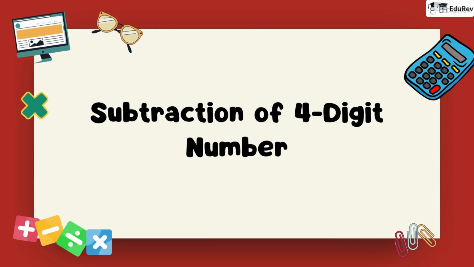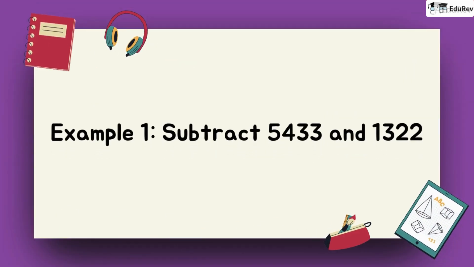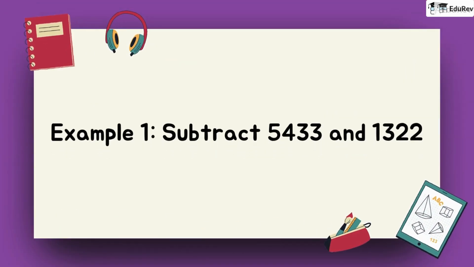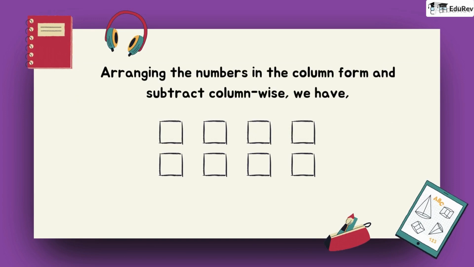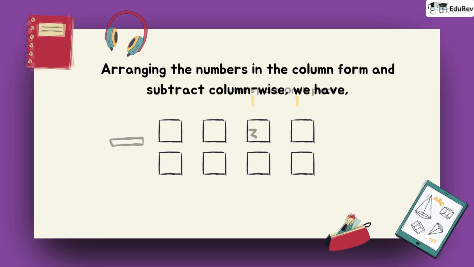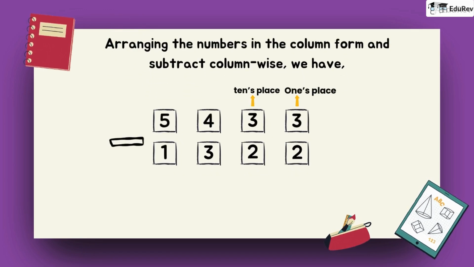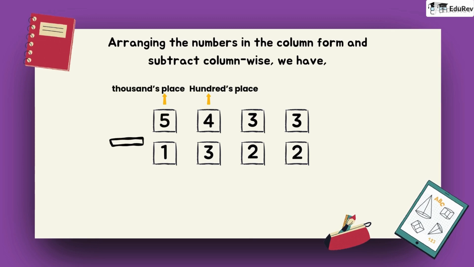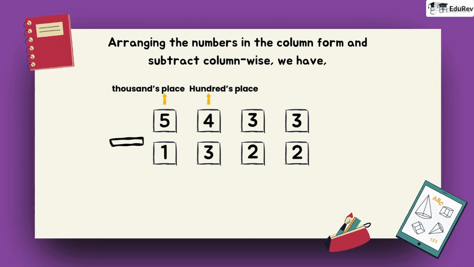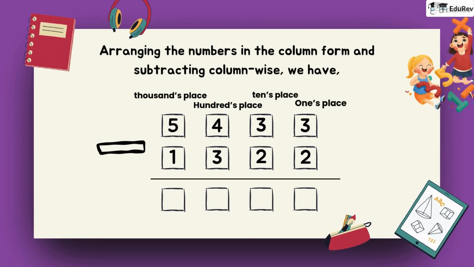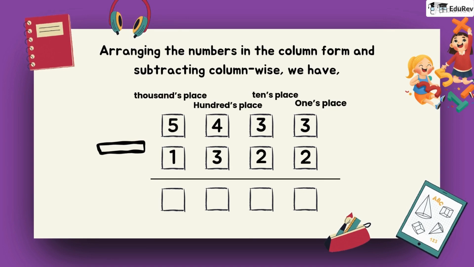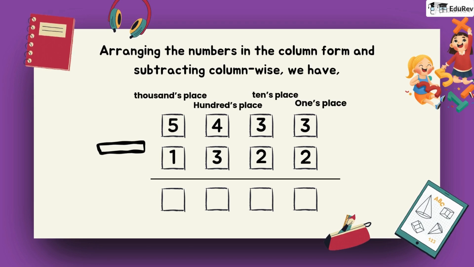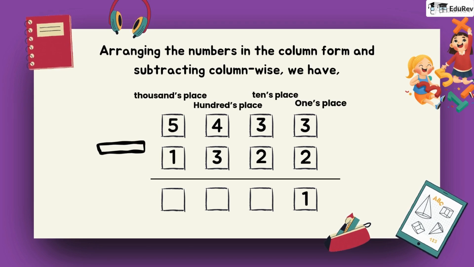Let us learn the subtraction of 4-digit numbers. Example: subtract 1,322 from 5,433. Arranging the numbers in column form and subtracting column-wise, we have at ones place 3 minus 2 equals 1.